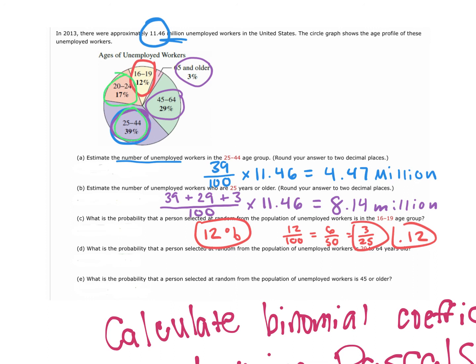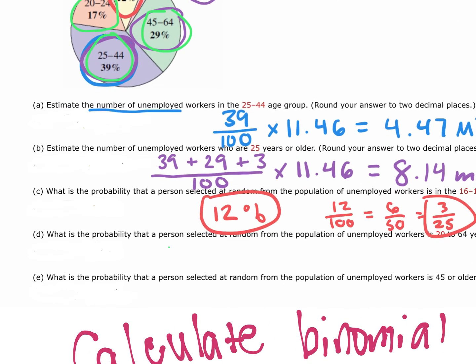These are 20 to 64, and these are 20 to 64. So we have 17%, 39%, and 29%. So we add these up, and we get, I think it is 85. Yeah. 85%. Or we could say 85 out of 100 and then simplify.